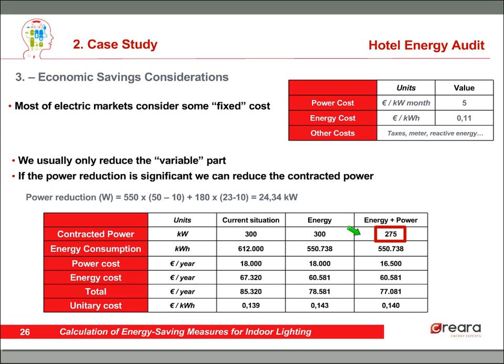So instead of 300, it's 275. The energy consumption is the same. The power cost is lower, 16,500 versus 18,000. The energy cost is the same. The total cost is lower, and the unitary cost is also lower. Okay?